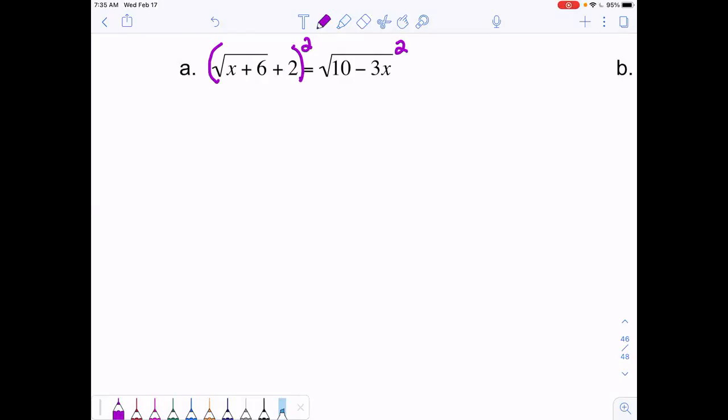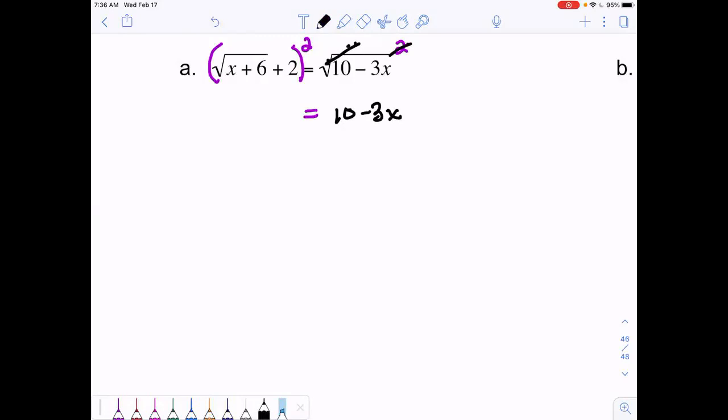Now, Jordan yesterday said if something was squared, it really means you need to multiply it by itself. So we have to take the quantity on the left and multiply it by itself. The one on the right, we know that the radical and the exponent cancel, and we're left with 10 minus 3x.